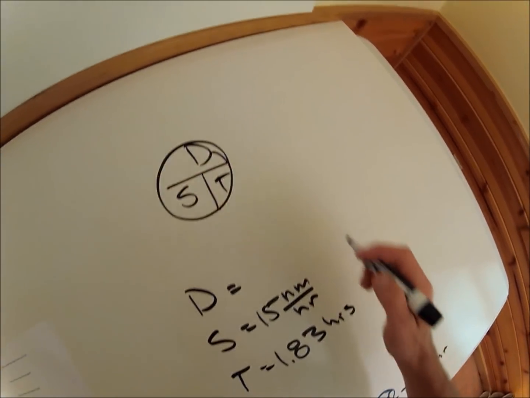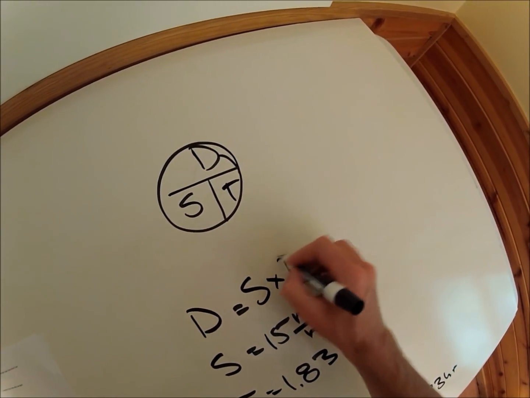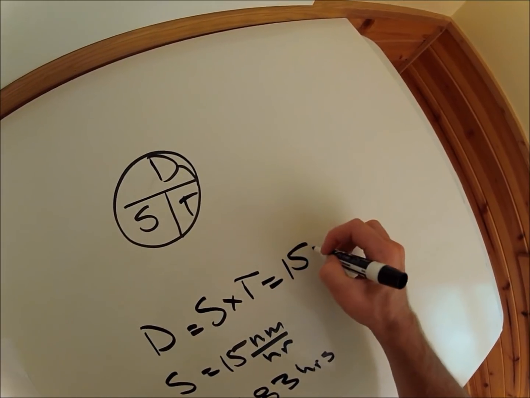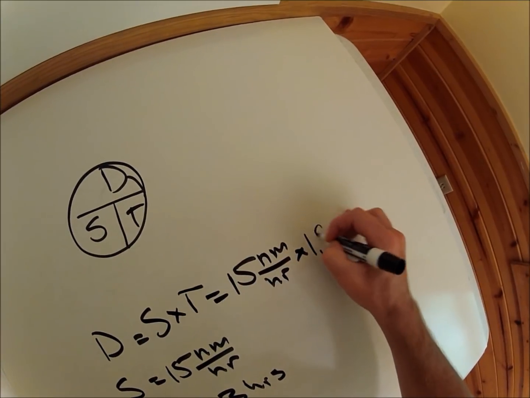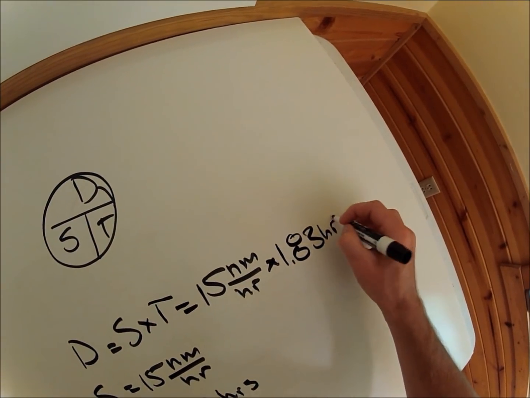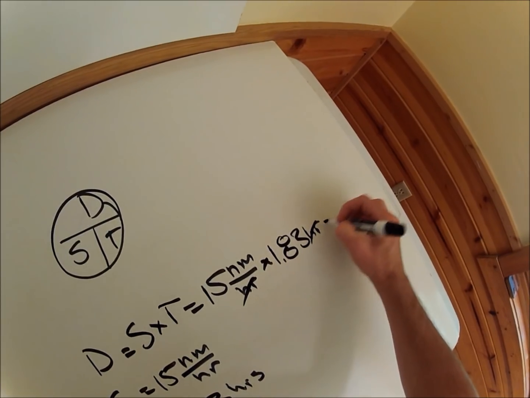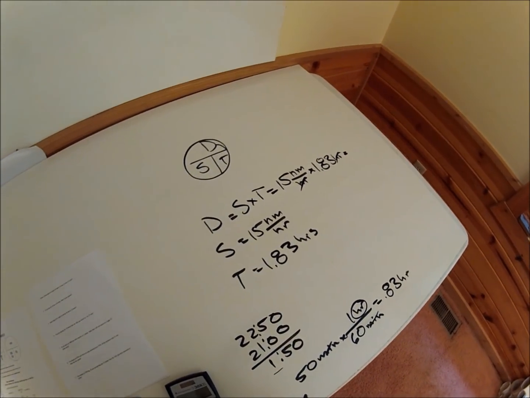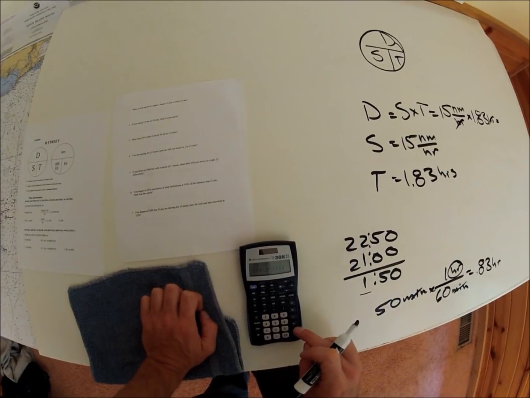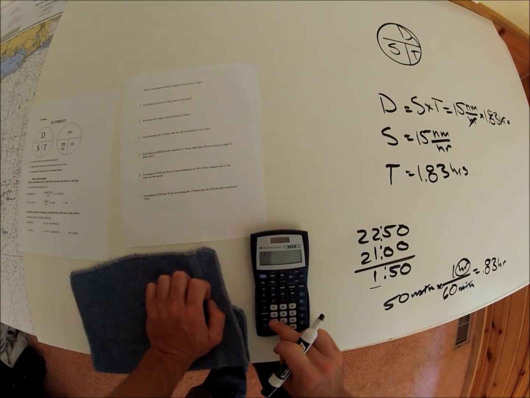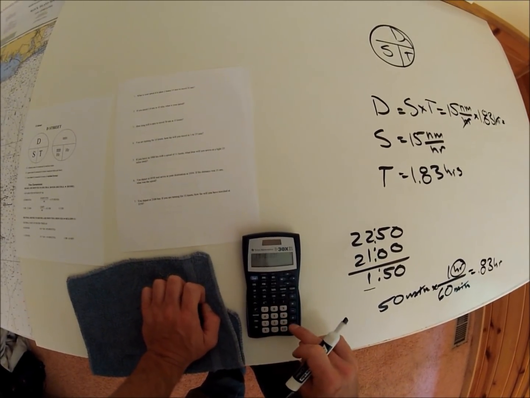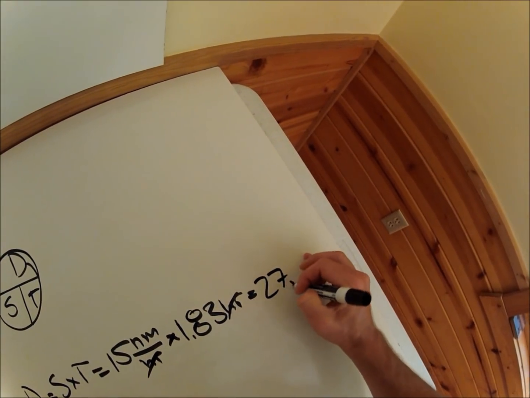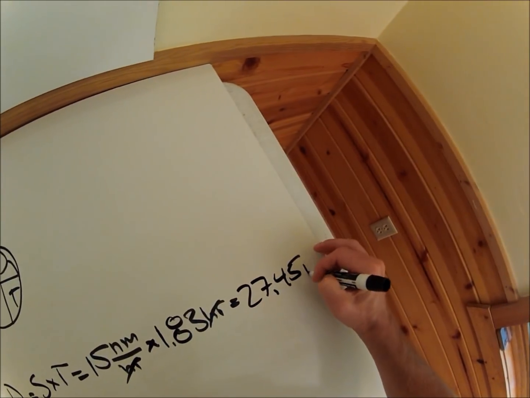Again, let's look at our distance, speed, time thing. Distance is speed times time, which is equal to 15 nautical miles per hour times 1.83 hours. 15 times 1.83 equals 27.45. 27.45 nautical miles.